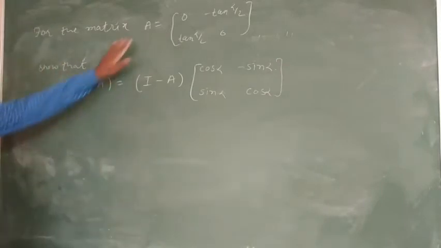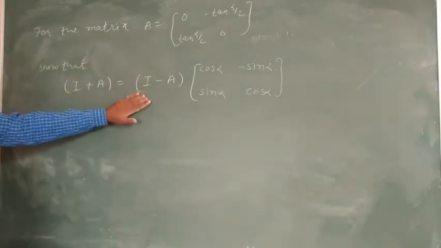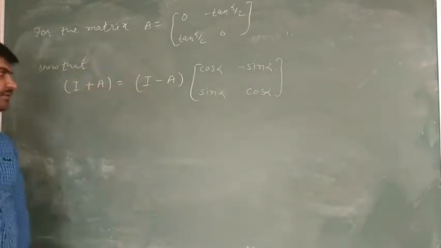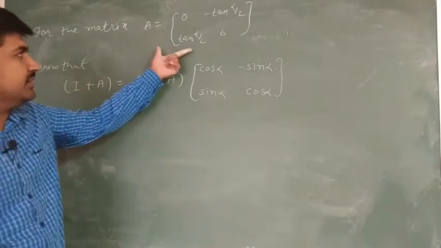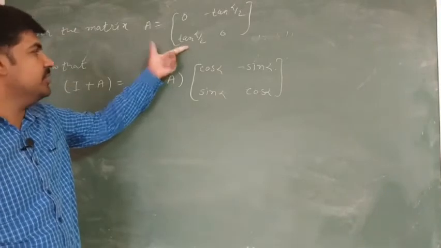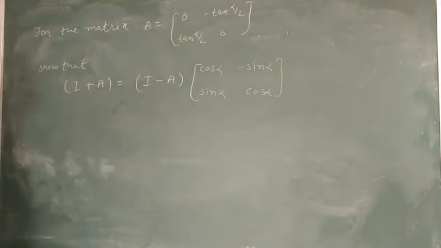So for this particular matrix, students, we have to show this statement where I is a matrix of the same order that A has, and A's order is 2 by 2, so I is an identity matrix of order 2 by 2.